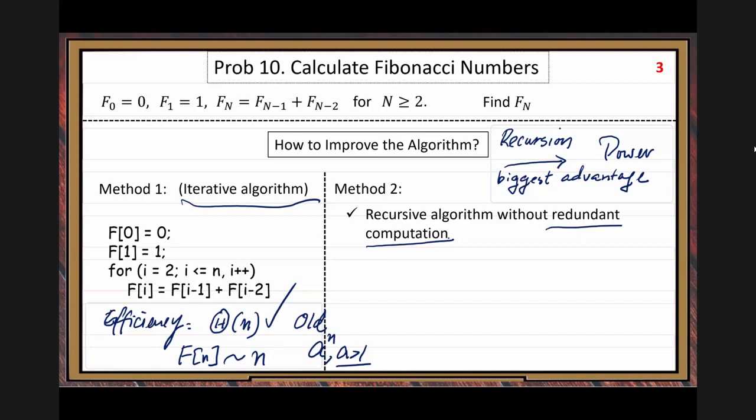So the question: how do you detect whether a certain operation is redundant or not? If you can detect that an operation is redundant, then you can avoid it. If you cannot, then you cannot avoid it. So here we need a bookkeeping approach to help us identify whether an operation is redundant.